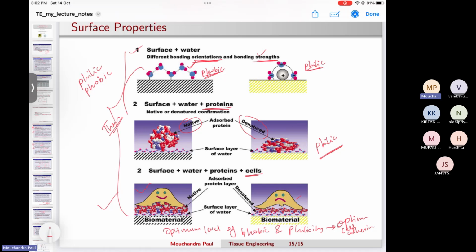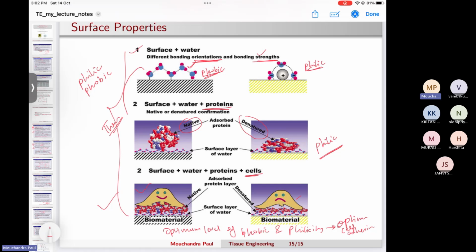There are a few materials which are highly hydrophobic, towards one end of the line. That also doesn't favor cell adhesion, because if the surface is highly hydrophobic, the interaction between the protein and the surface can cause degradation of the protein, and then the cell won't adhere properly.